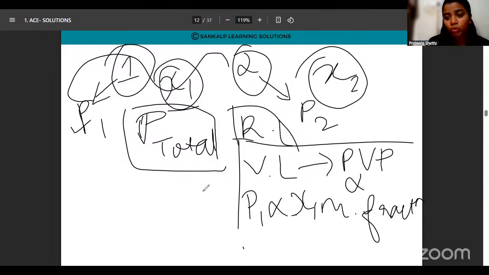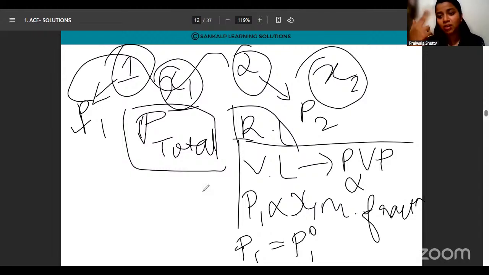When you remove the proportionality symbol, you have to replace it with a constant, the vapor pressure of the pure component. So P1 is equal to P1 naught into X1. Consider this as equation 1.